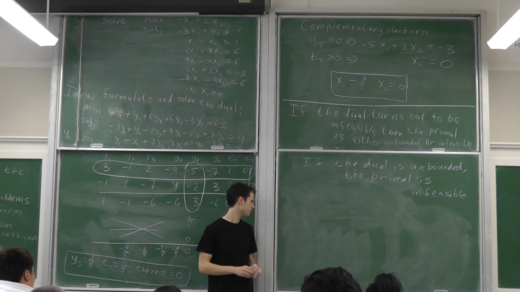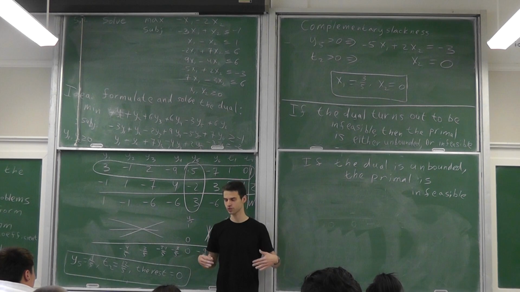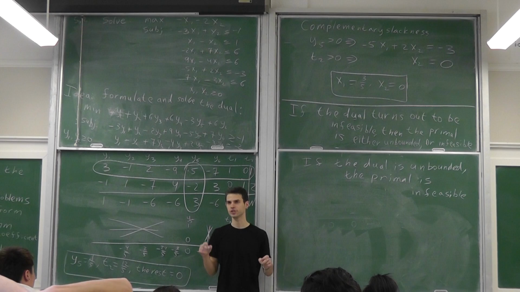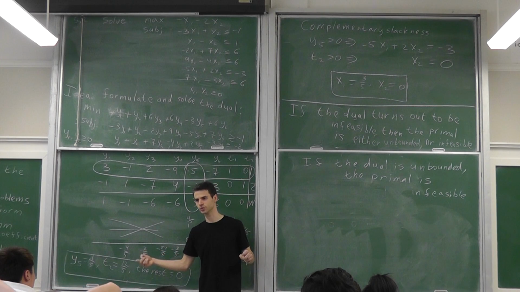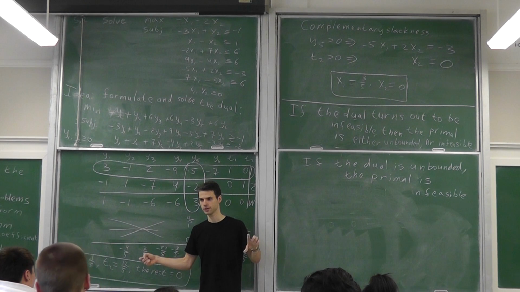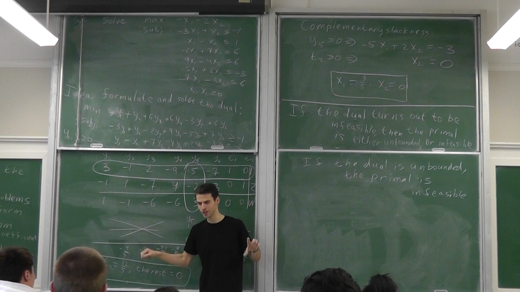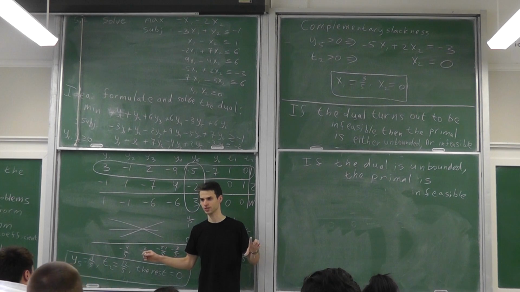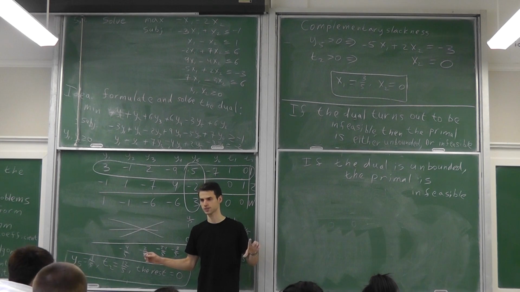So if you have a degenerate dictionary in the primal, like you described, where one of the basic variables is equal to 0, it will tell you that there is an optimal solution of the dual where the corresponding dual variable is 0. But there might also be some solutions where it is not. In the dual? Yes. Okay.